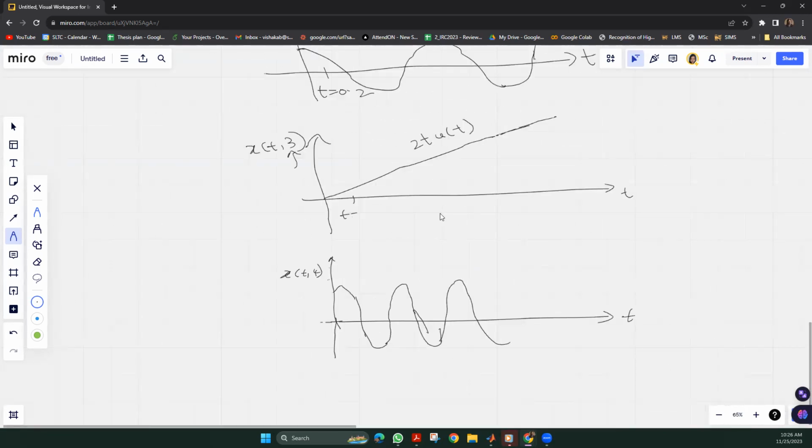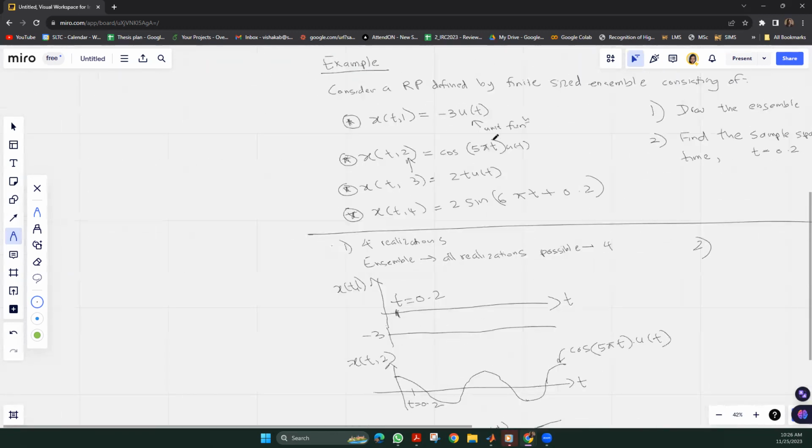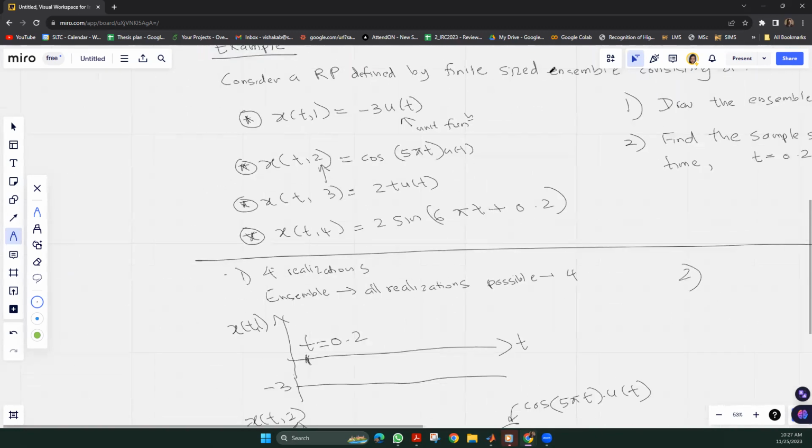So t equals 0.2 for each of these functions. We can easily find the value at t equals 0.2 for the first one. Of course, the t value does not interfere with the amplitude of the signal. Although it is multiplied by u(t), the unit function is constant over all the time values, so its value does not change for a certain time instance.